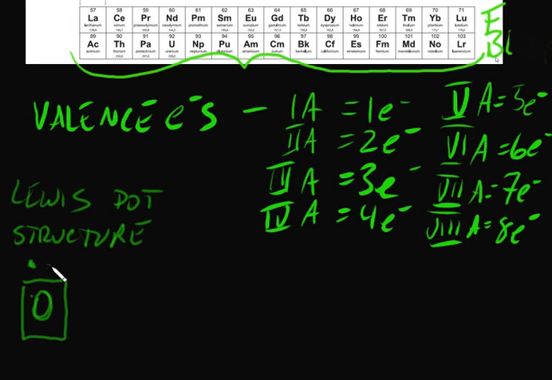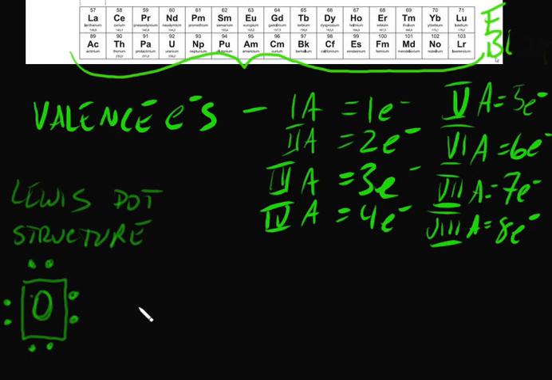The places where we can put dots are here on the four sides, and each side can have up to 2. The only rule is we do not pair them until we must.